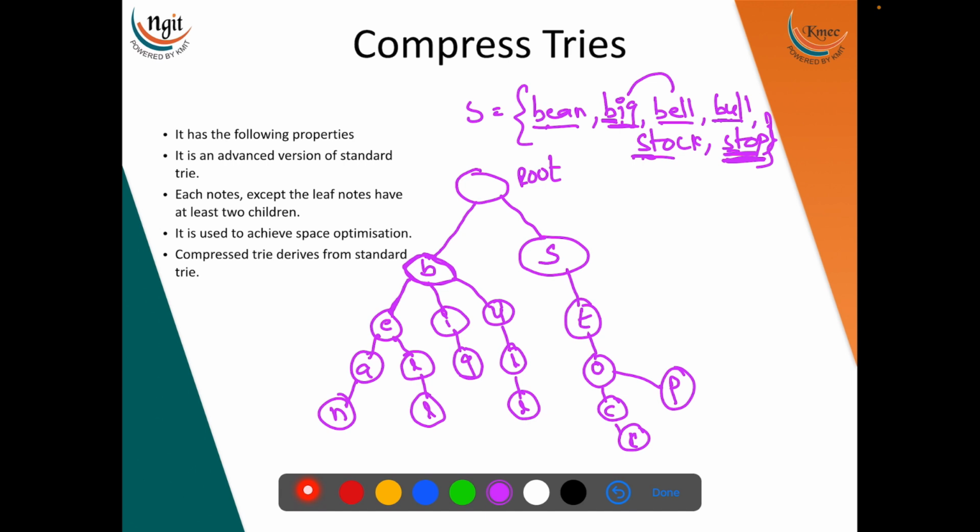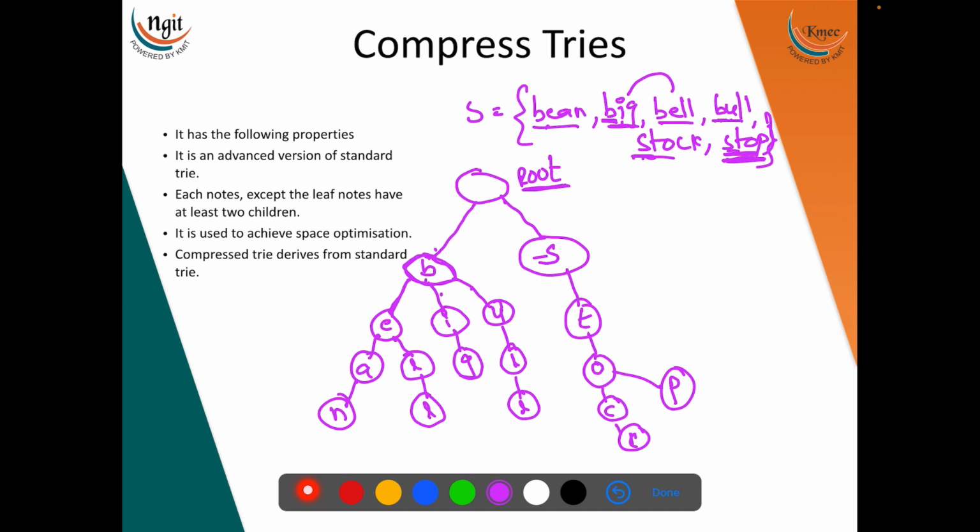Now let's see how I can do the compressed trie. Before you go for the compressed trie, let's know the steps. Whichever nodes are in a single path, only those can be compressed. Let's see from the root, which is always empty. The root has 2 children, so you cannot combine these two.